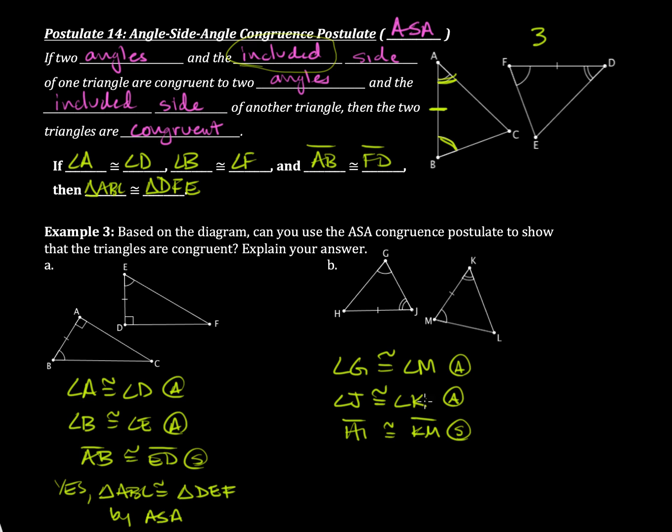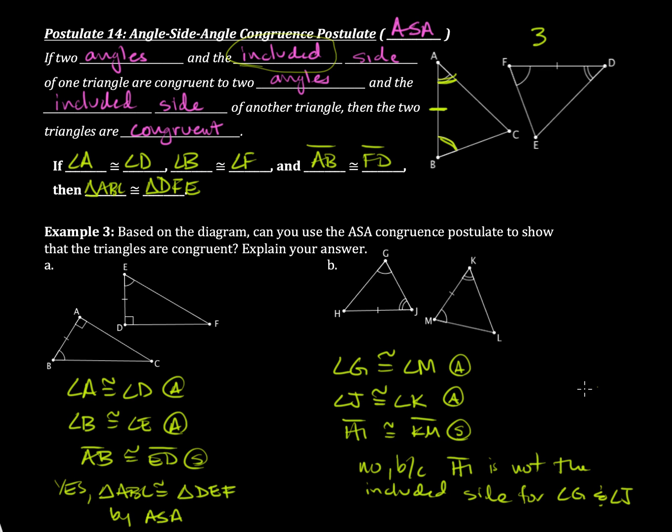Segment KM joins the vertices of angle K and angle M. But segment HI does not join the vertices of angle G and J. It doesn't connect G to J. So we have to say here no, because HI is not the included side for angle G and angle J. So ASA does not work in this example.